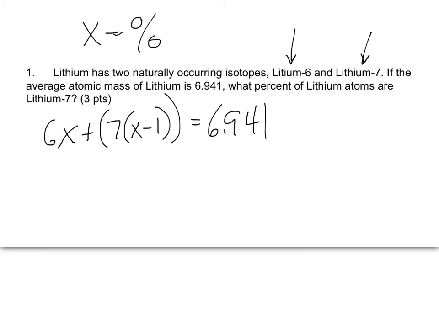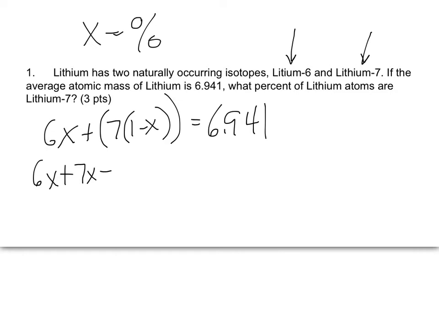Plus the mass of the second isotope times its percentage adds up to 6.941. So if we solve this, we distribute the 7, we get 6x plus 7 times 1 minus x. This should be 1 minus x, that's what's confusing here.